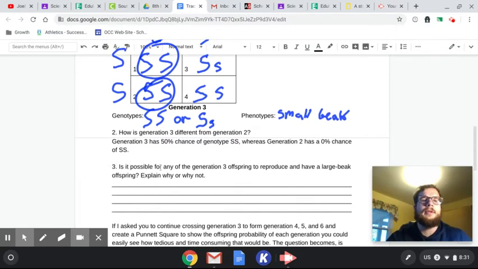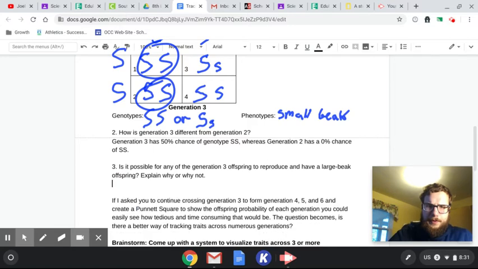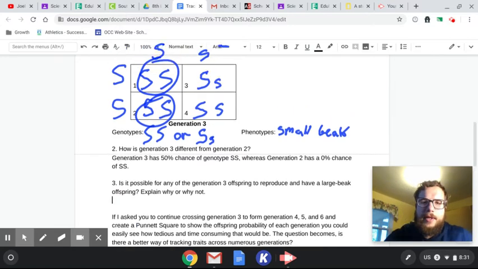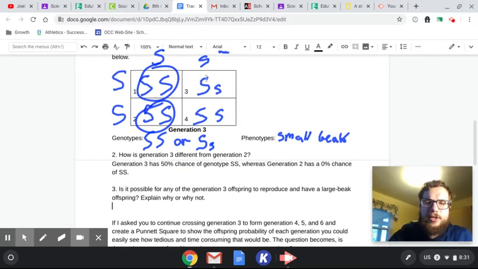Now it says number 3 here. Is it possible for any of the generation 3 offspring to reproduce and have a large beak offspring? Why or why not? So let me clear this out. We're talking about these guys right here, generation 3 offspring. Could they potentially breed with another hummingbird and produce a large beak offspring? This is a tough question.